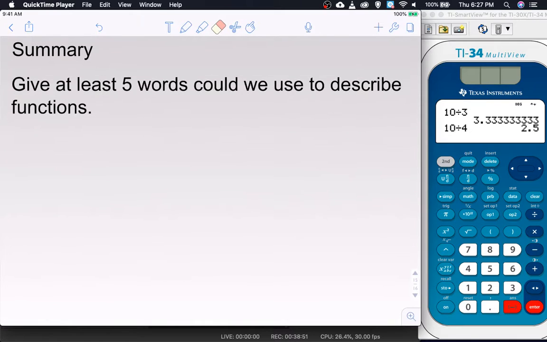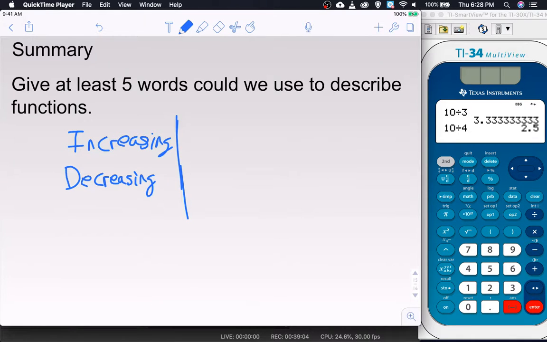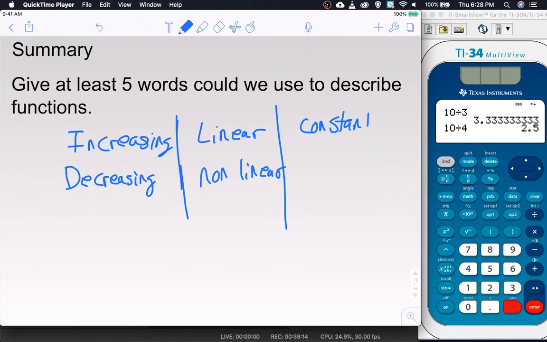I can come up with increasing, and decreasing, and linear, non-linear, constant. We could say constant rate, which kind of ties in with linear.